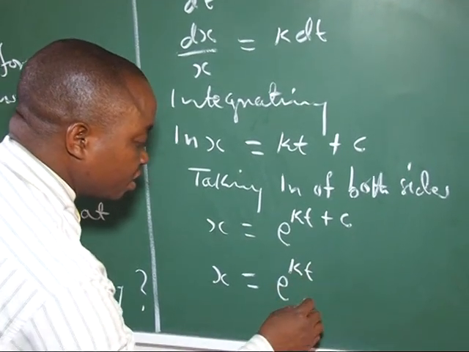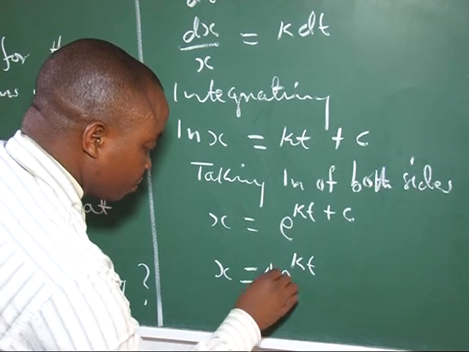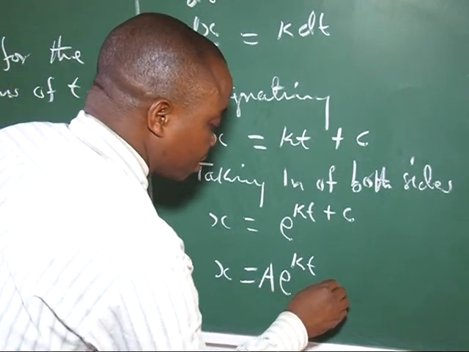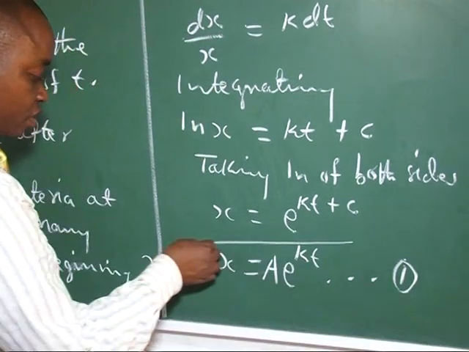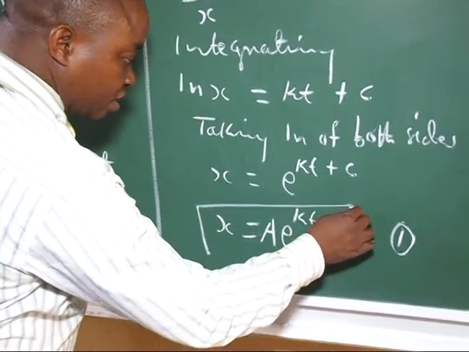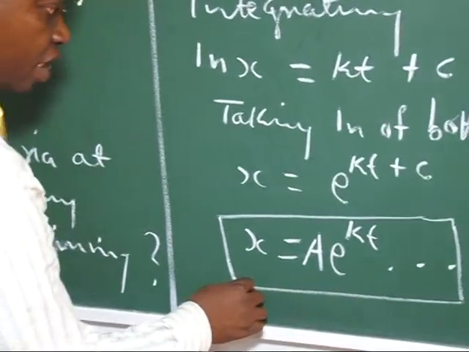exponential C times exponential KT, or let's write A exponential KT. You see, this is the one we normally note, and this is the equation that they say we should derive.